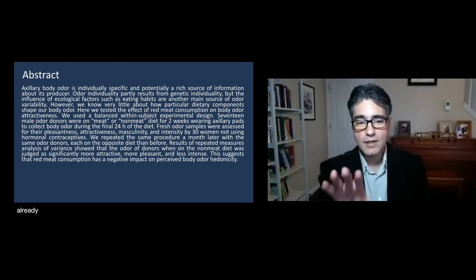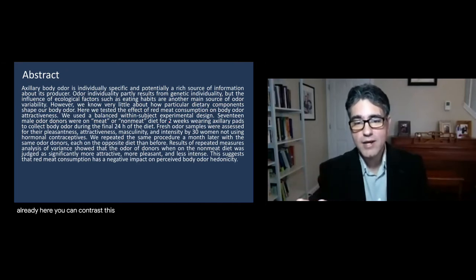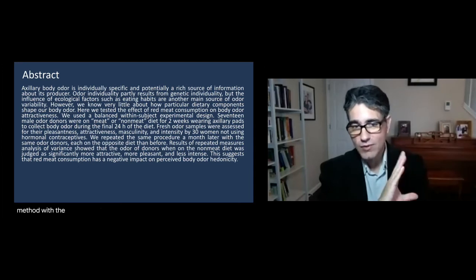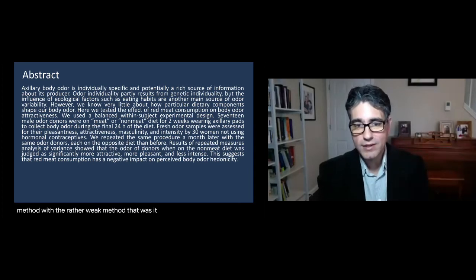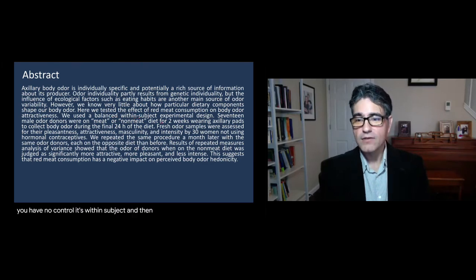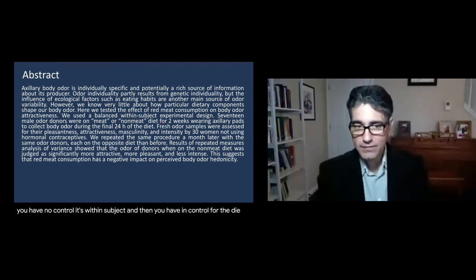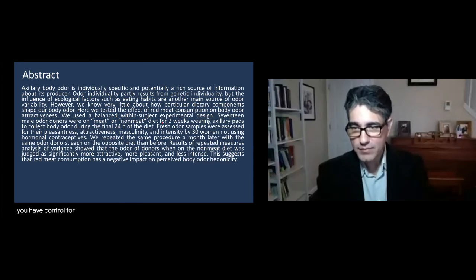Already here you can contrast this abstract and the discussion of the method with the rather weak method that was employed in the deodorant, because here you have two conditions. You have meat and non-meat, you have a control. It's within subject, and you have control for the diet. You have control for time, 2 weeks.